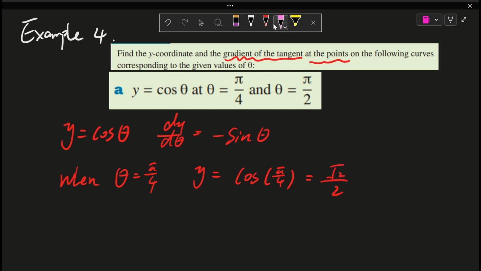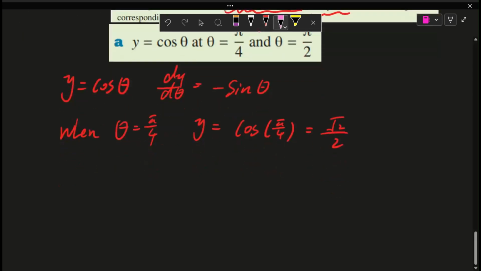Then dy d theta, when theta equals pi on 4, equals negative sine pi on 4.